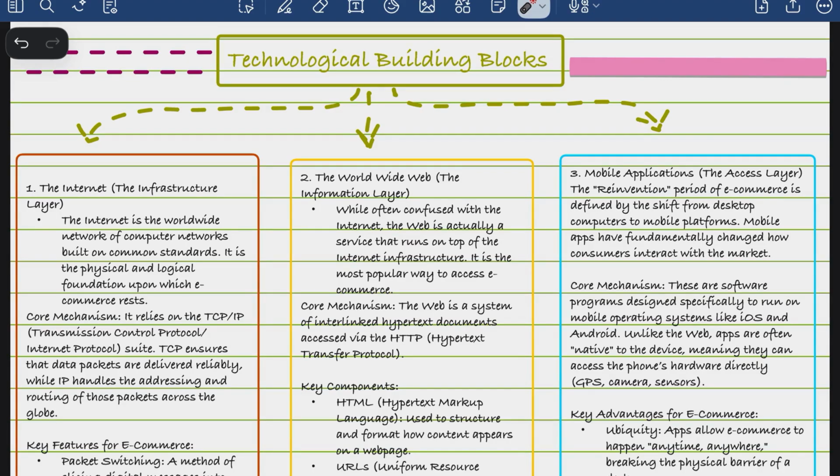The mobile apps that came into being completely changed the game, because mobile apps are native to your device. This means a mobile app can plug directly into your phone's internal hardware, like your camera, your Face ID, your microphone, and even your live GPS location.